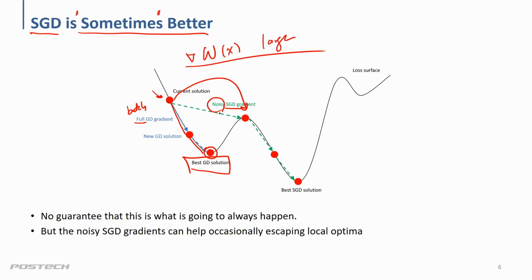In a noisy way, the noisy stochastic gradient can help occasionally escape the local minima, but it does not guarantee that this is always going to happen. So there are pros and cons for the stochastic gradient, and I hope you can understand this intuitively.